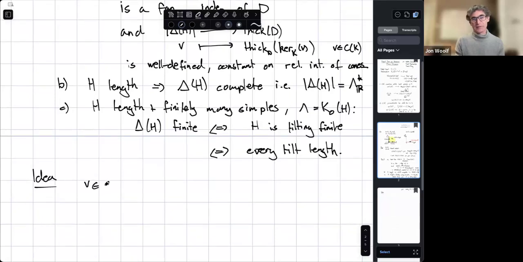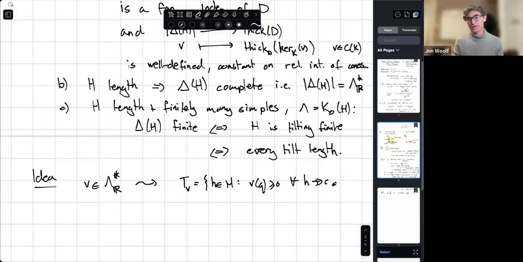So if you give me v in lambda R star, then I can attempt at least to define a torsion pair in H. So it's a kind of proto-torsion pair whose torsion part is all those objects in H such that v of all quotients is positive. So you can look at any quotient of H inside your category, and v should be positive on that.